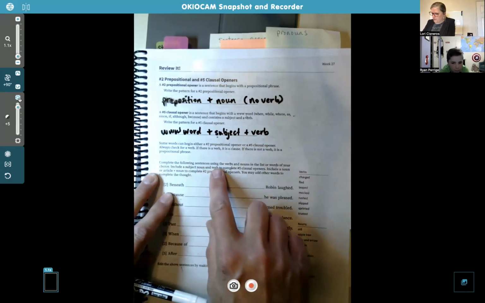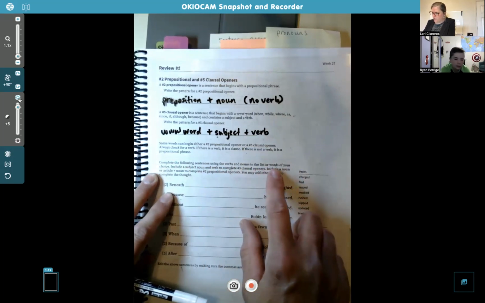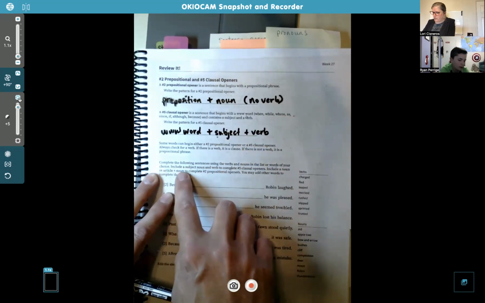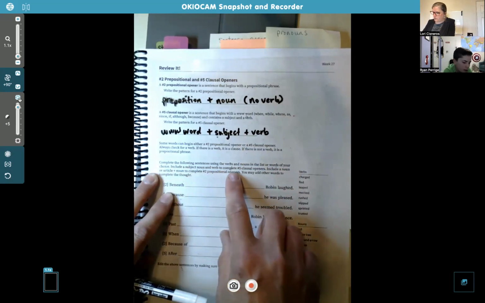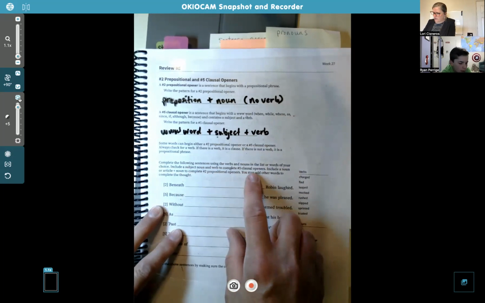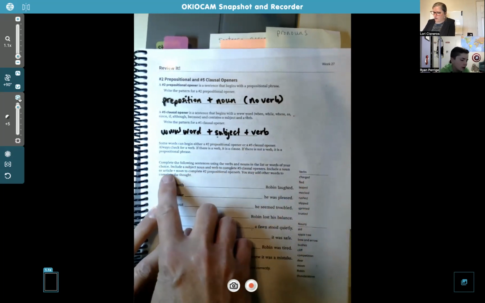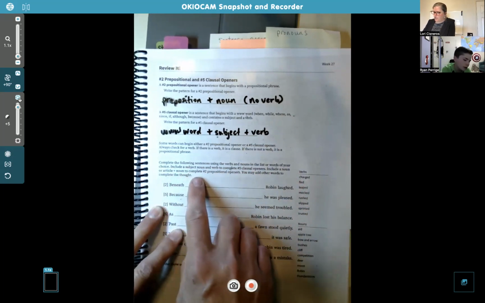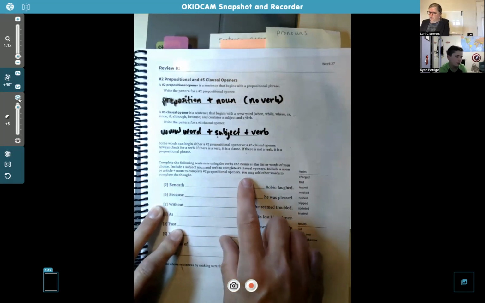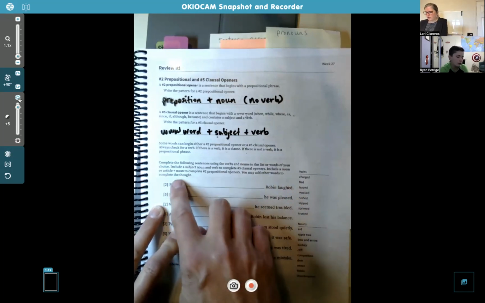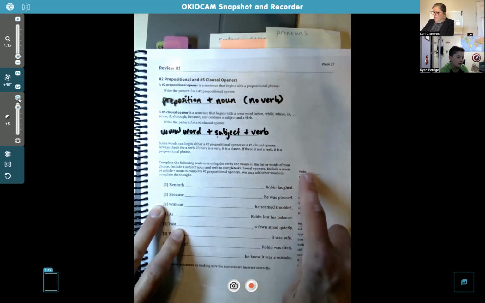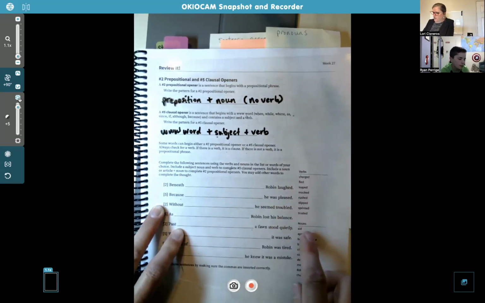Complete the following sentences using the verbs and nouns in the list or words of your choice. Include a subject, noun, and verb to complete number five clausal openers. Include a noun or article plus noun to complete number two prepositional openers. You may add other words to complete the thought. Okay, on the side here is your list of verbs and nouns.